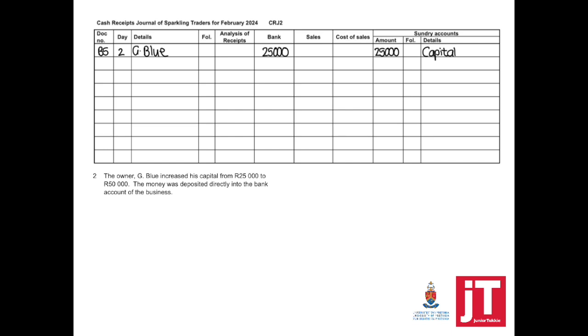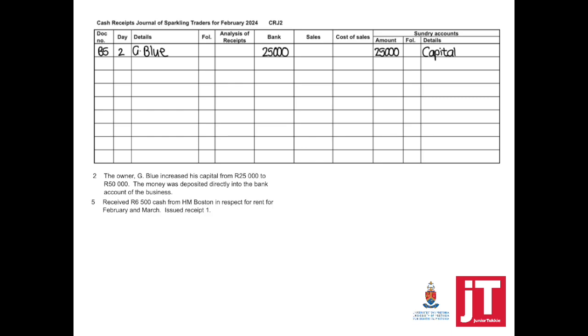How much did we receive? And this is where you need to be careful. He increased his capital from 25,000 to 50,000, so the difference is equal to 25,000. It goes directly into bank because the money was deposited into our bank account.